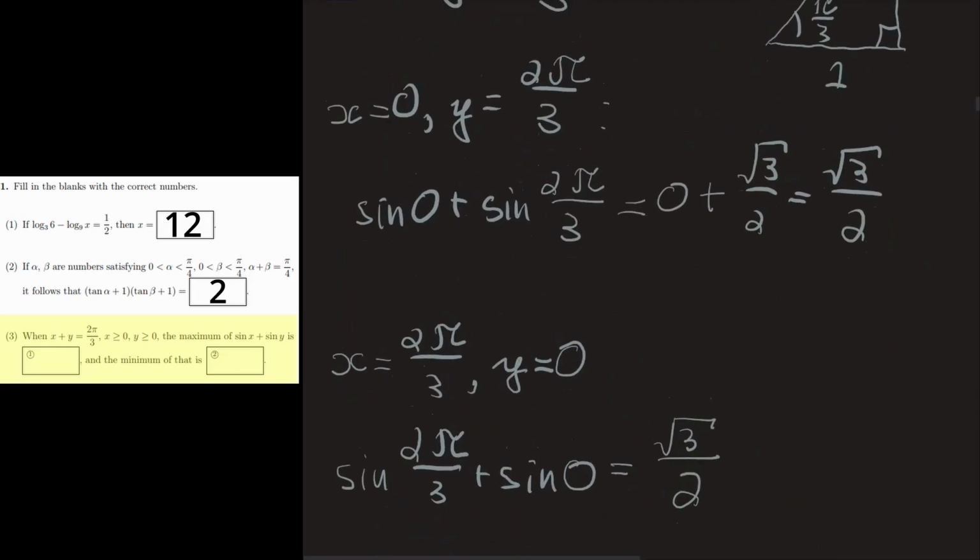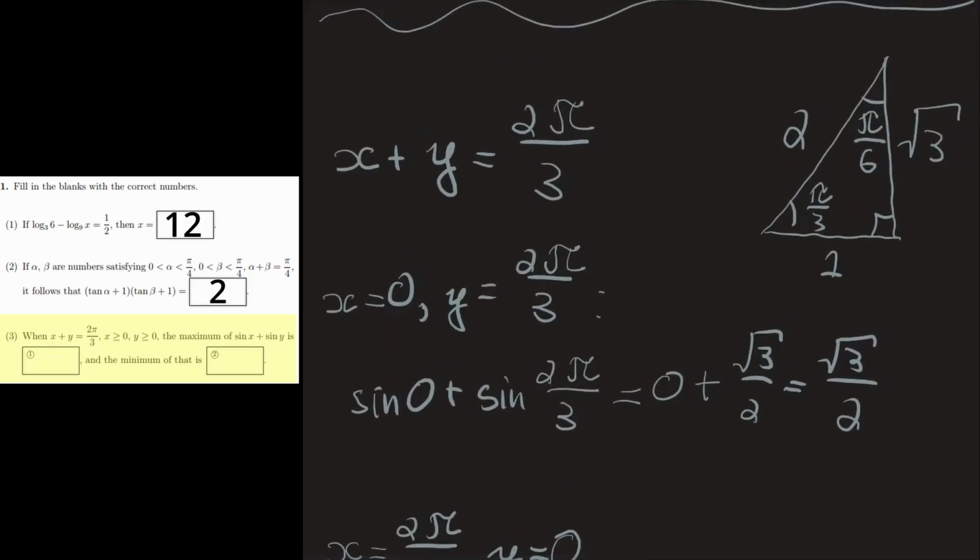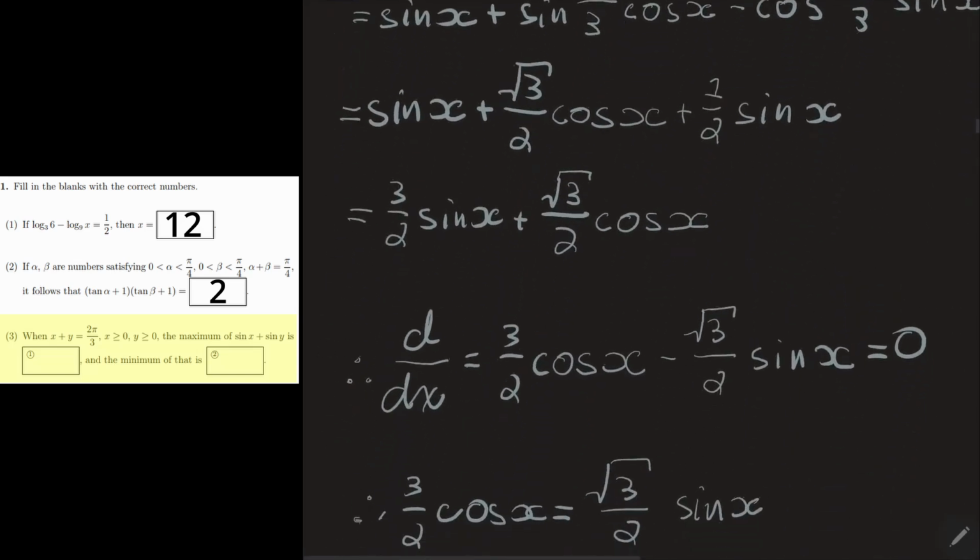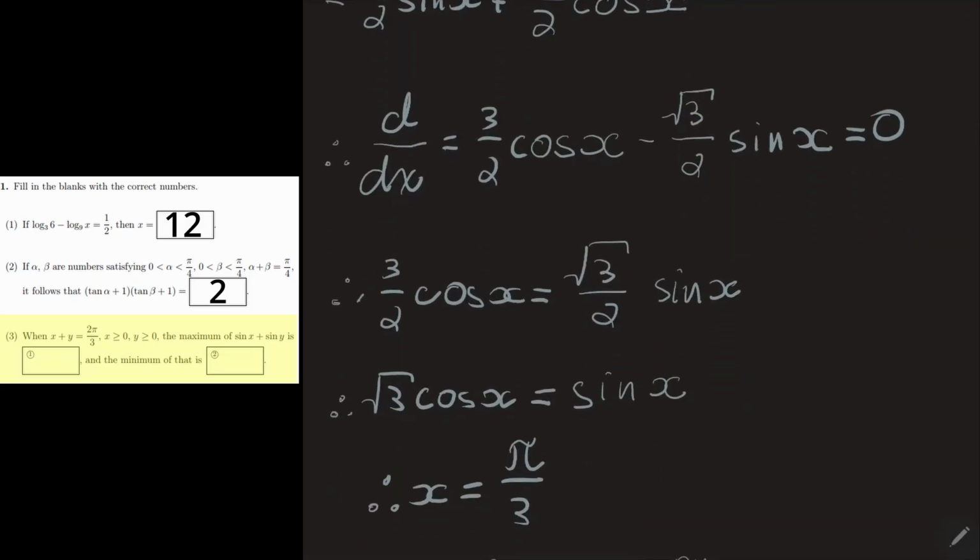If you look at the triangle I drew here, it specifically corresponds to pi over 3, since sine of pi over 3 is equal to the square root of 3 over 2, while cosine of pi over 3 is just equal to 1 over 2. And so that would make the two sides of this equation equal to each other, which means that x must be pi over 3. So at this value of x, there is a possible minimum or maximum in our function.